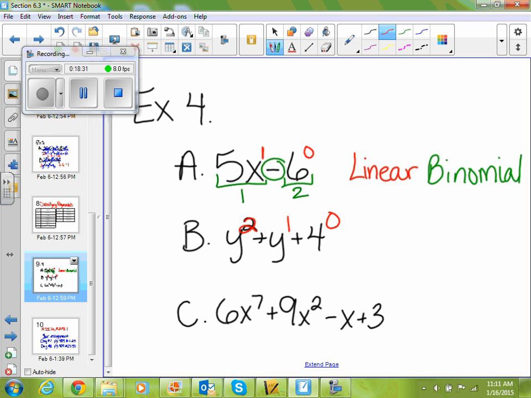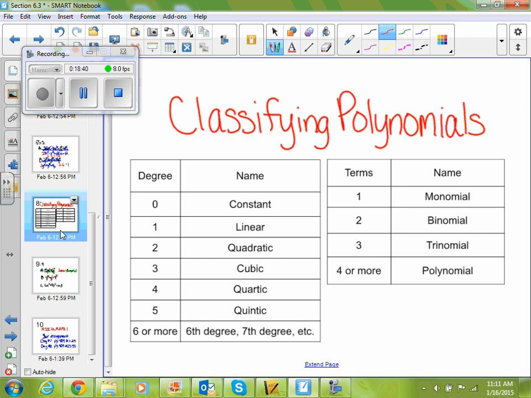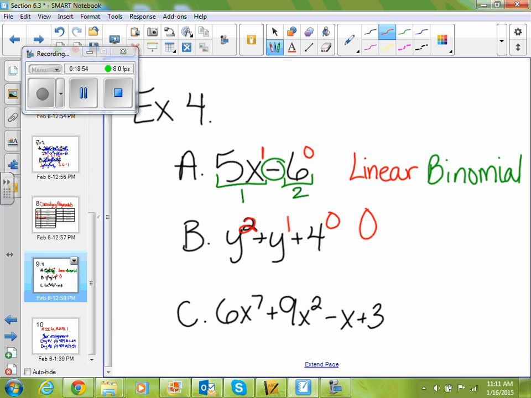So my biggest exponent is 2. If I go back to my classifying polynomials table and go down to a degree of 2, I can see that I call that a quadratic. So the first part of this is quadratic.